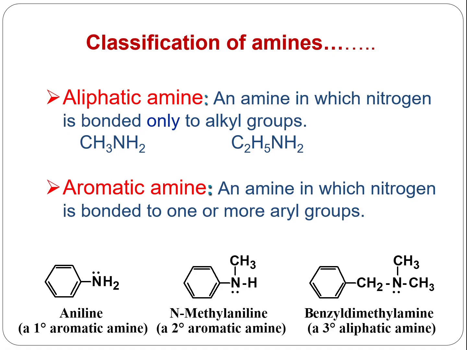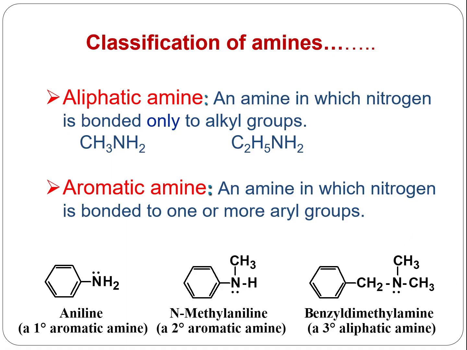The amines also can be classified as aliphatic amines or aromatic amines. Aliphatic amines when the groups are alkyl groups, and aromatic amines when the groups that are bonded to the nitrogen are aromatic, that is a benzene ring is bonded. Here, for example, aniline, where the nitrogen of the amine is substituted by a benzene ring.